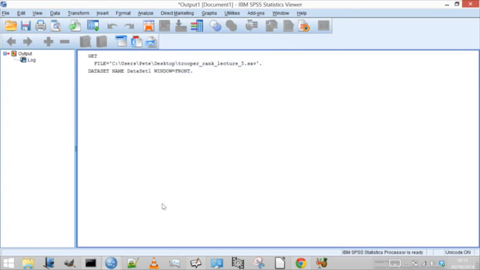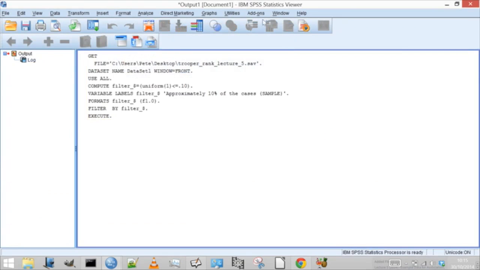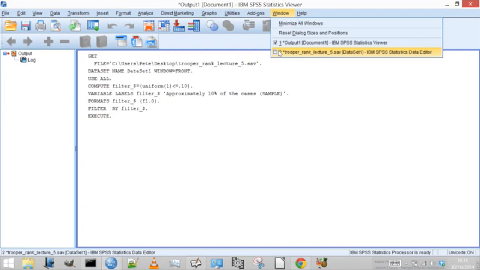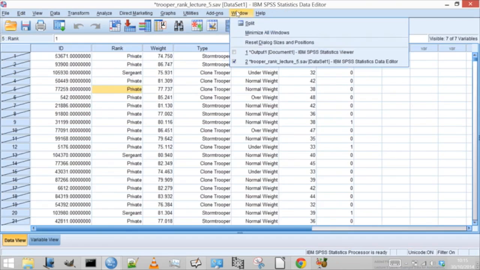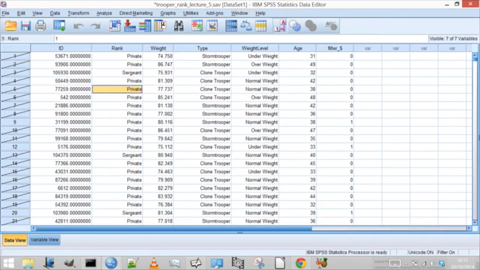And then you press OK. And if you go back to your data window, the window menu and the data file, you should see that a whole bunch of them have been crossed out, and then some have been left selected. So if it's got a cross through it, it's not selected, and only 10% of that file have been selected.